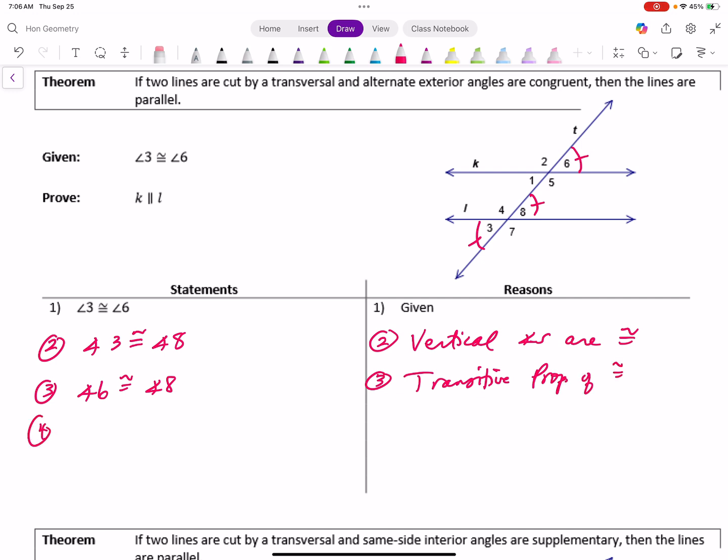Which leads me to K being parallel to L, because I have congruent corresponding angles, leads us to know that it's parallel lines cut by transversal.